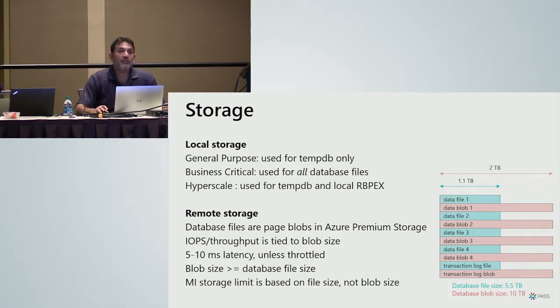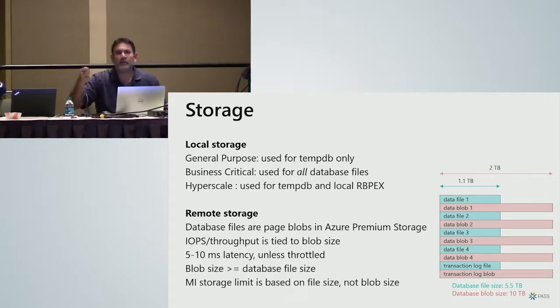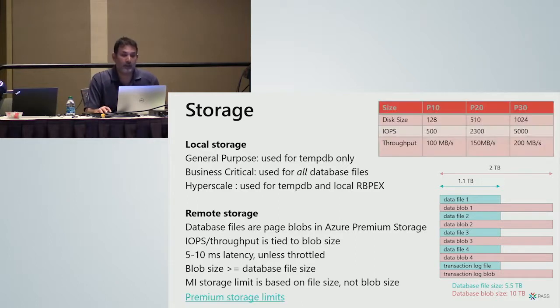And in all Azure Premium storage, IOPS are tied to a blob size. So you have different values. For example, for a size of P10, the IOPS limit is 500, whereas P20 is 2300 and P30 is 5000.